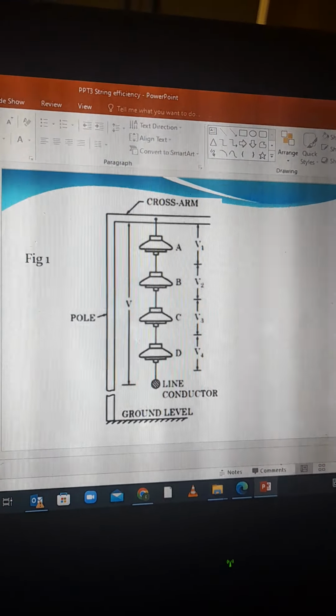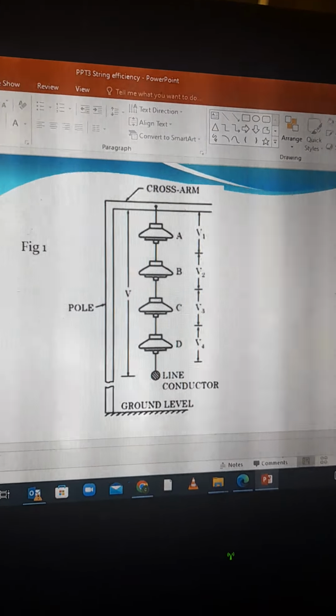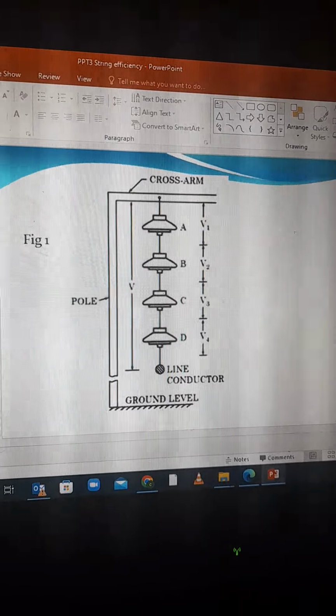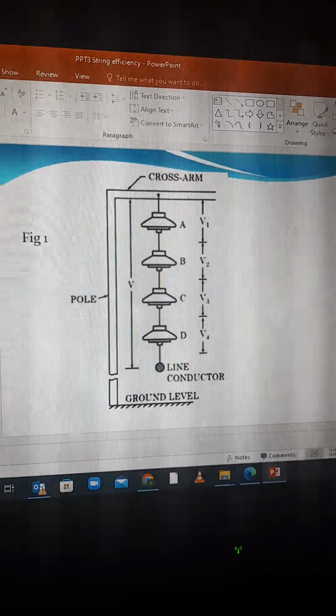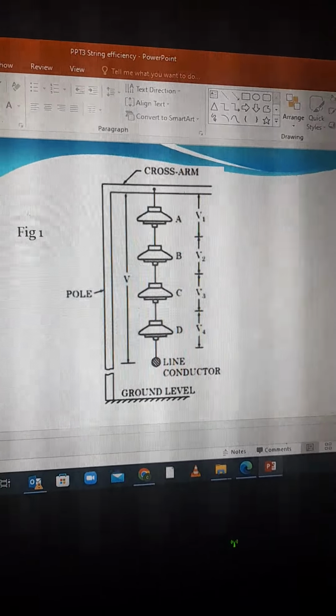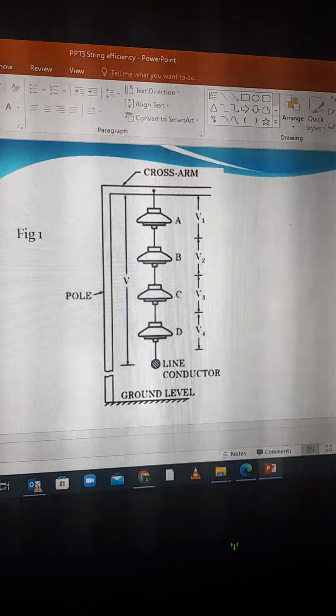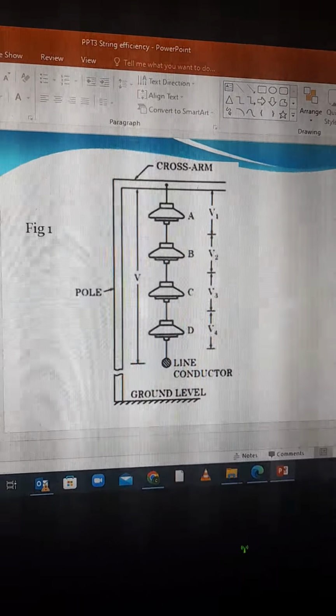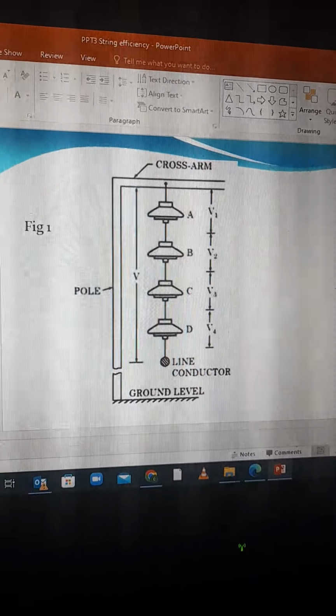So that's an example of a cross arm and a pole on which disc insulators are suspended. That setup is what we call a string of insulators.